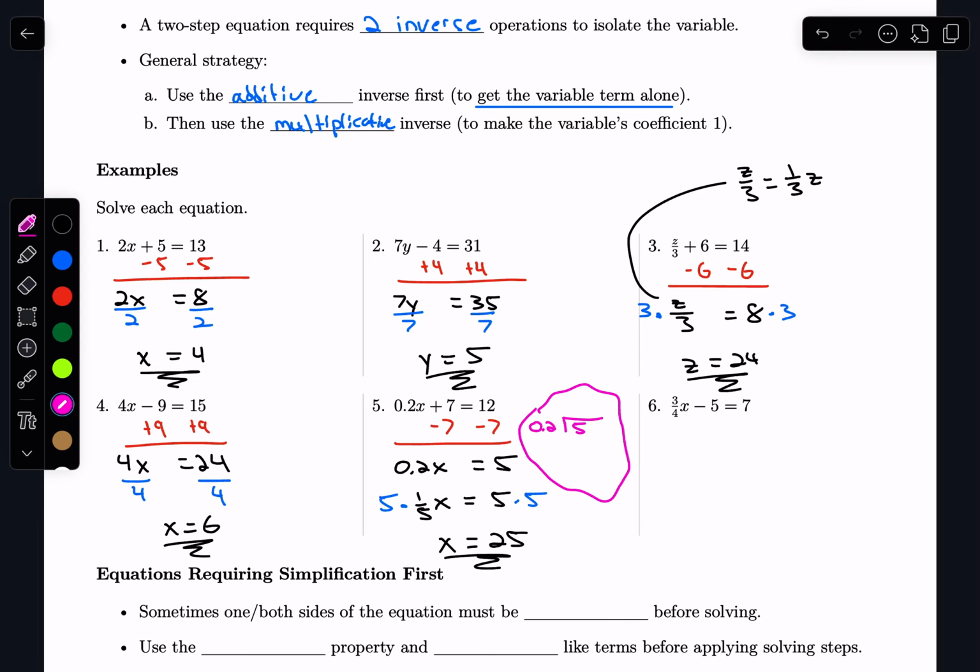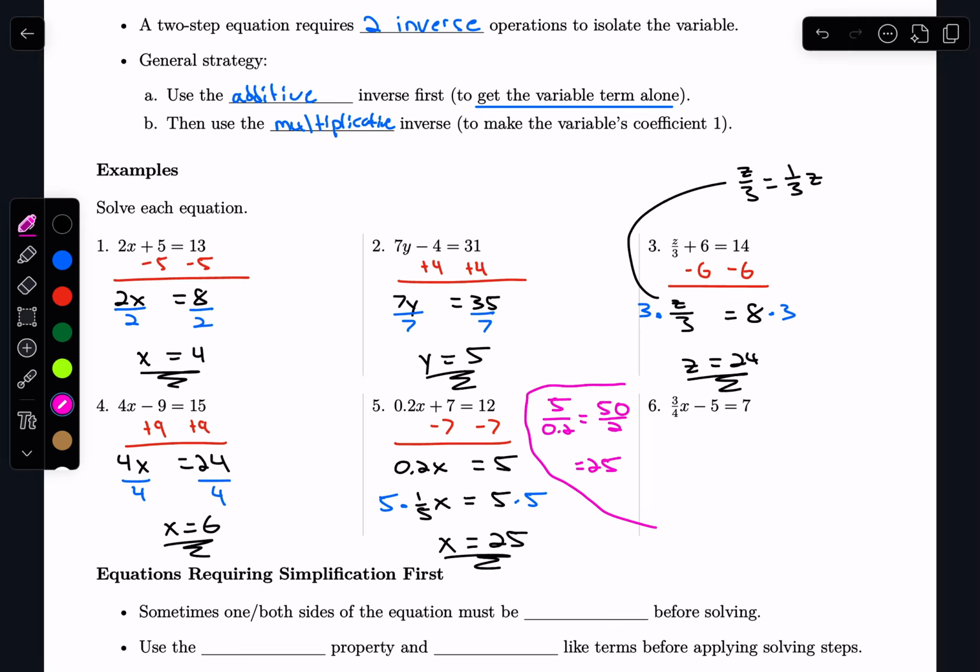So instead of doing 5 divided by 0.2, let me write it in 2 steps here, 5 divided by 0.2 is equivalent to 50 over 2, where notice I multiplied top and bottom by 10 to get to 50 over 2. And then that problem is actually pretty easy to solve. 50 divided by 2 is just 25. And notice that's the same answer I got before.